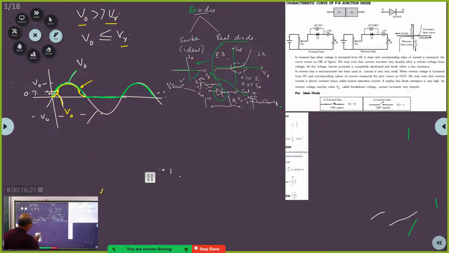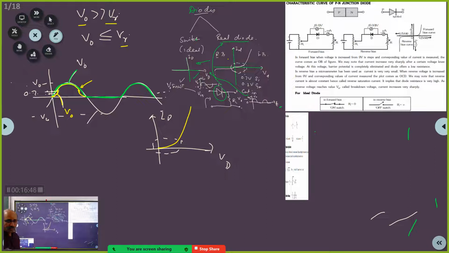Now, as far as the diode is concerned, we are writing ID versus VD, where VD is the voltage across the diode. We have got the graph like this. You can see that for this range of values, before the diode turns on, the resistance is not constant.